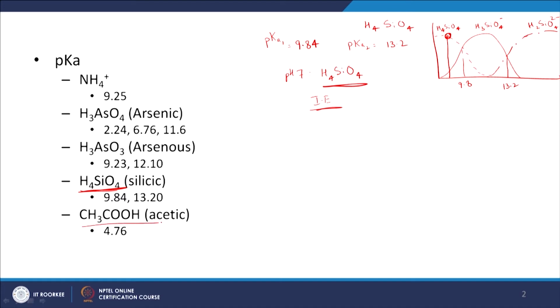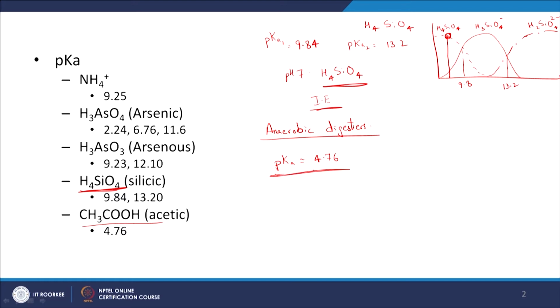Let us see the other example. CH3COOH, we are going to look at that in greater detail later on, but in general the issue is that acetic acid will be produced in anaerobic digesters. As you see, the pKa is not relatively low, it is around 4.76, so acetic acid is not a strong acid.